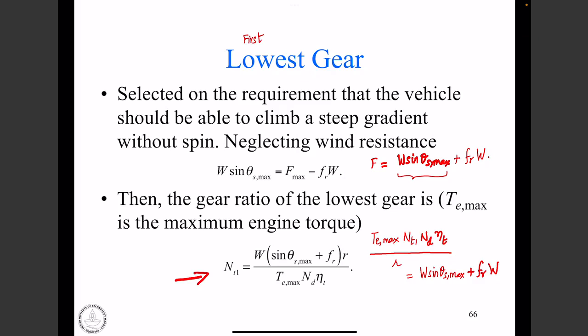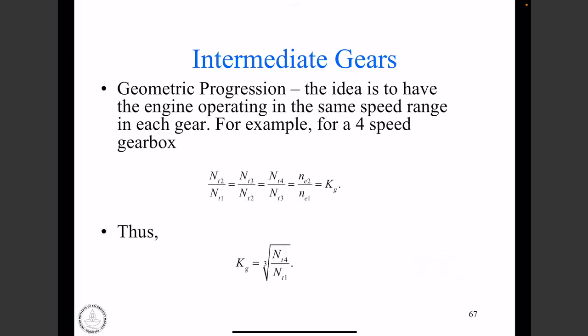Now the question is, how do we get the intermediate gears? One idea is to use what is called a geometric progression. What is the idea behind this geometric progression? Typically what happens is the following. Once again, let me draw the torque speed and the power speed characteristics.